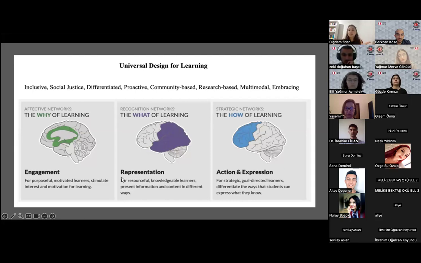And a research-based classroom environment, we just guide our students to do research on their own disabilities or diversity available in the classroom environment. Multimodality, and yeah, these are really important tools in creating and embracing an inclusive ELT classroom environment.